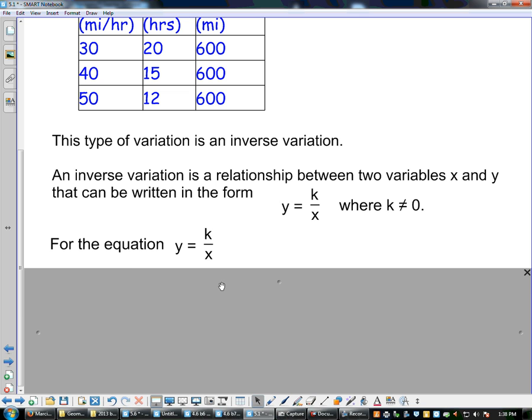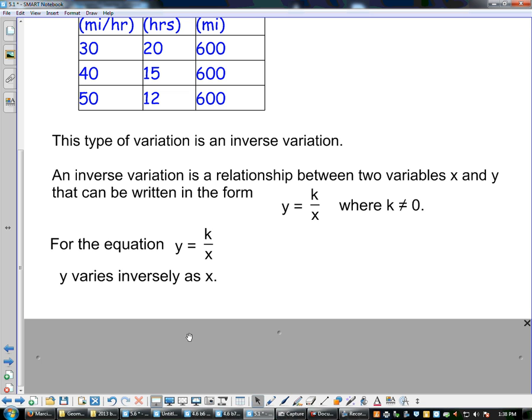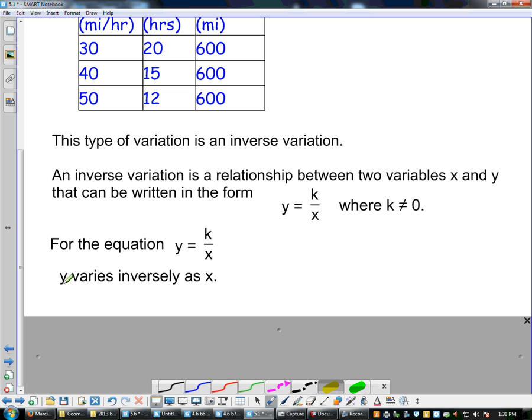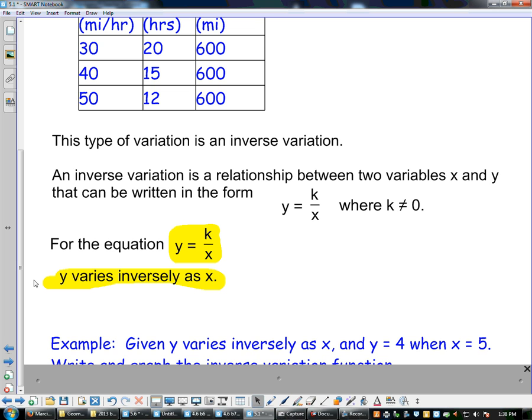For the equation y equals k divided by x, we say that y varies inversely as x. So if you see two quantities varying inversely, you're going to want to immediately write down this equation, y equals k divided by x. Let's take a look at an example.